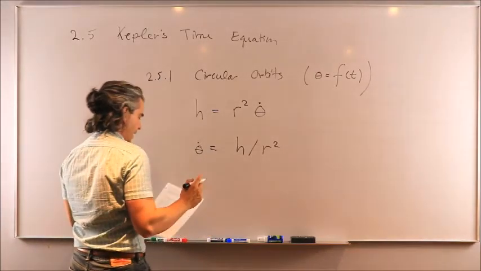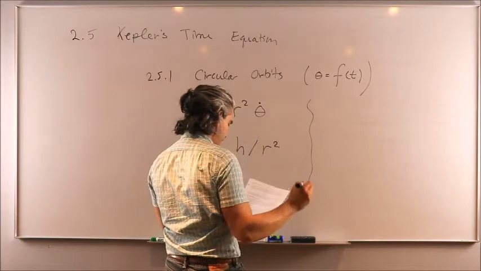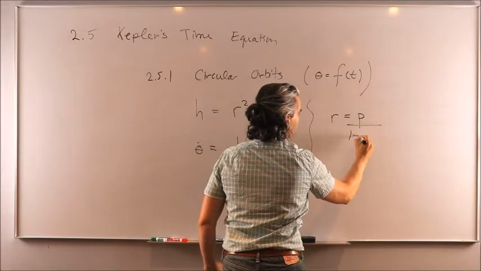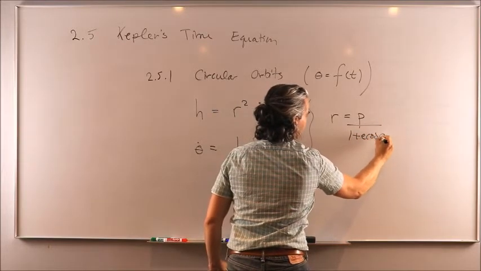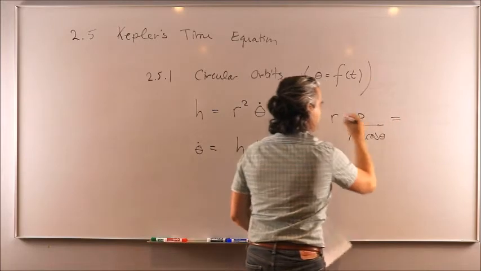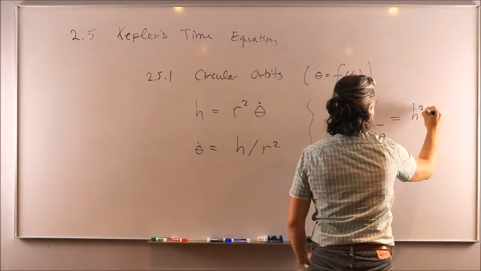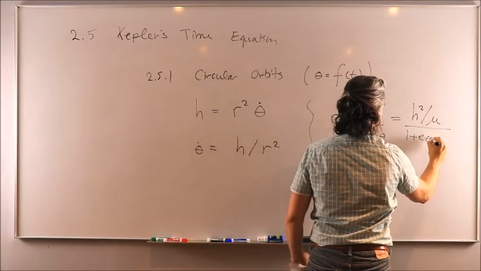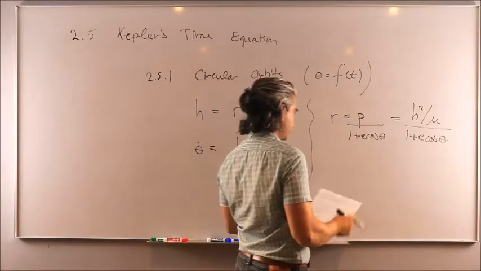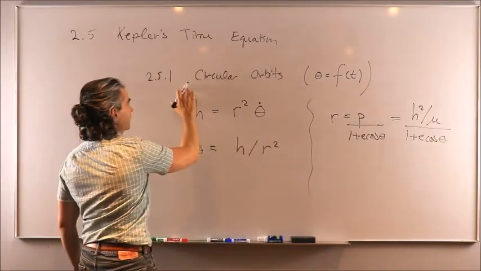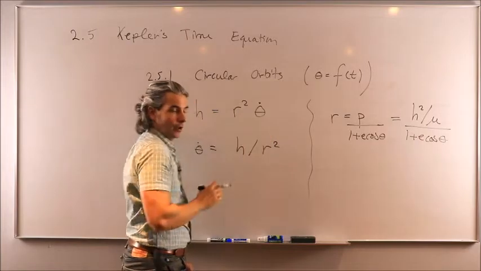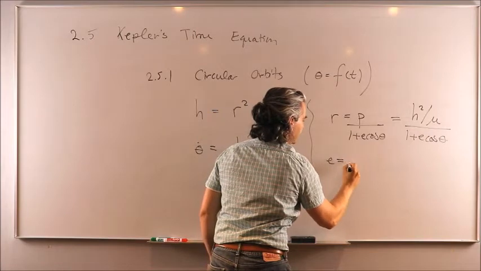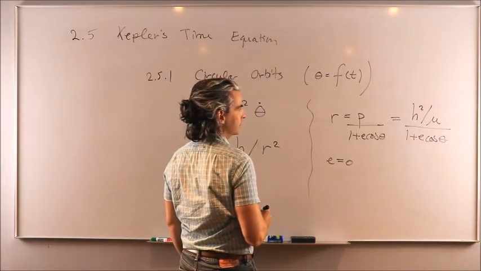Okay? Now, let's open a quick parenthesis, and let's go back to our orbit equation, which was p over 1 plus e cos of the true anomaly, or alternatively, r equal to h squared over mu over 1 plus e cos theta. Now, because we're dealing in that subsection with circular orbits, we know that we have the eccentricity exactly equal to 0. Okay?